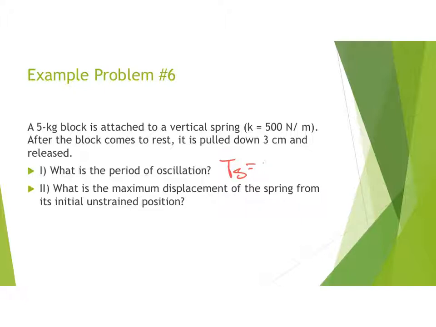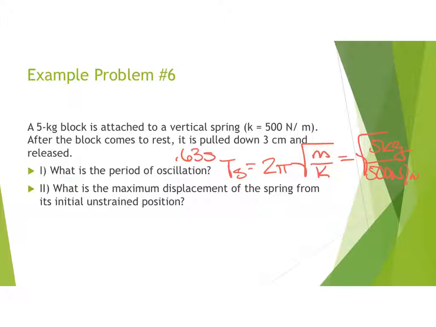So my period is 2 pi square root of m over k, and I'm going to put square root of 5 kilograms over my 500 Newton per meter, and I'm going to get 0.63 seconds. Kind of a coincidence. That was also the answer for number 5.